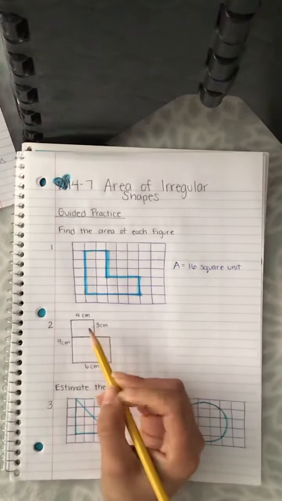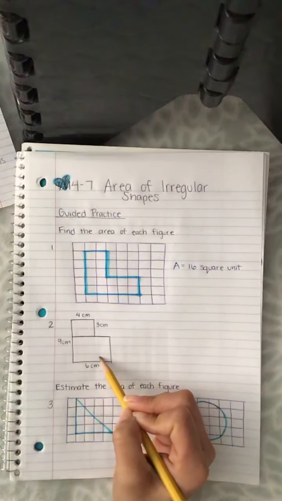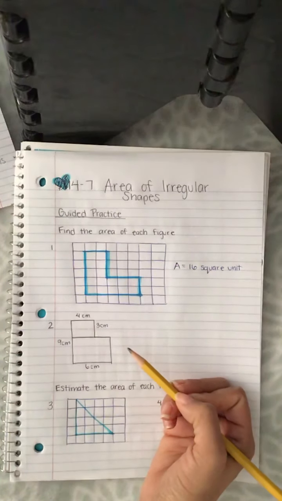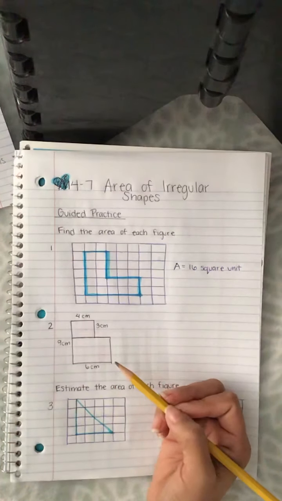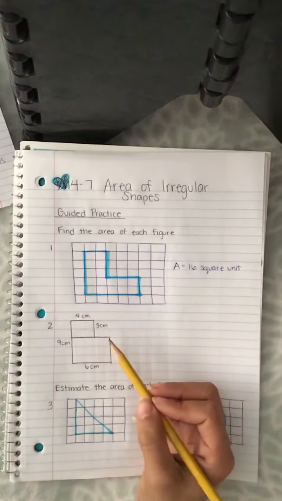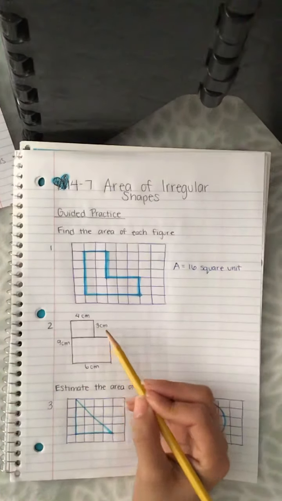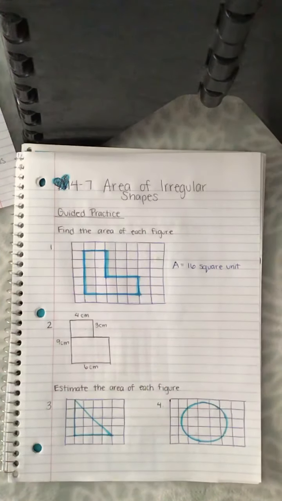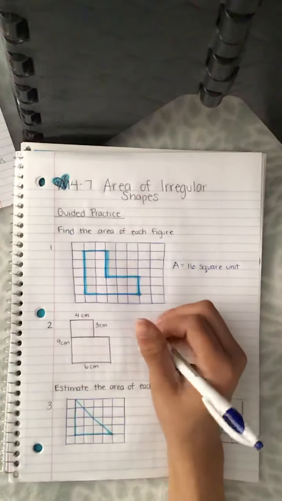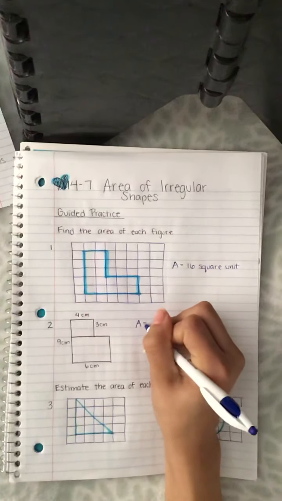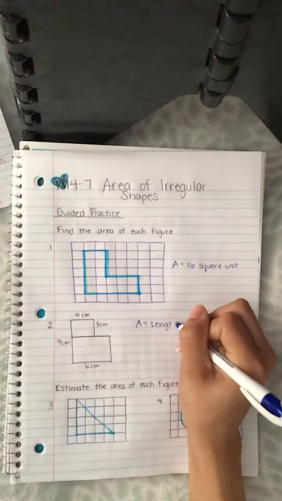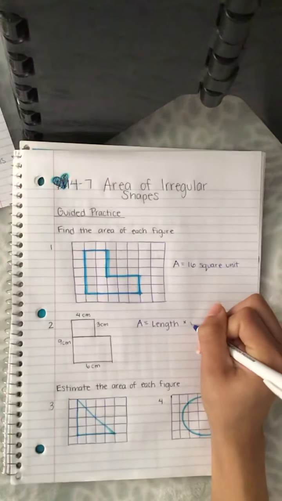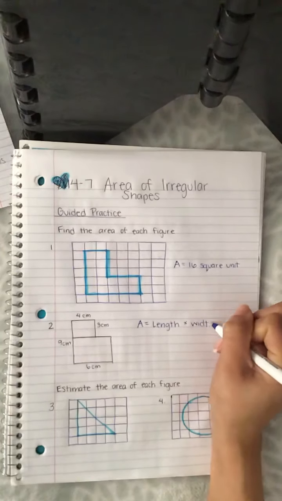Now we have 1 square here and 1 square here. To find the area, we multiply the outsides, right? Area can also be found by multiplying the length times the width. Do we remember that?